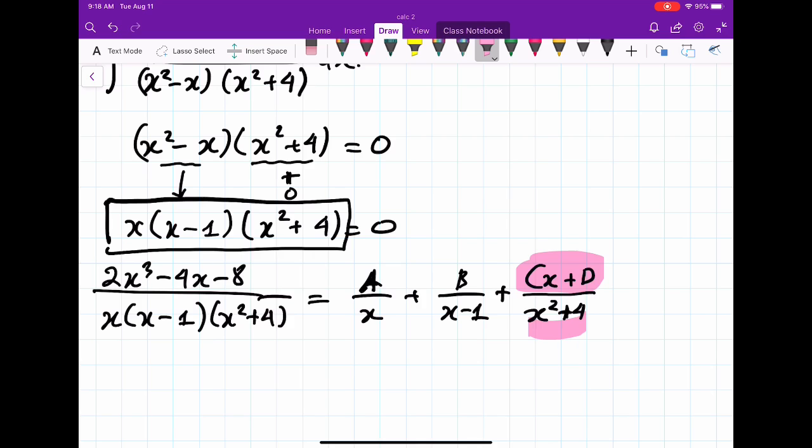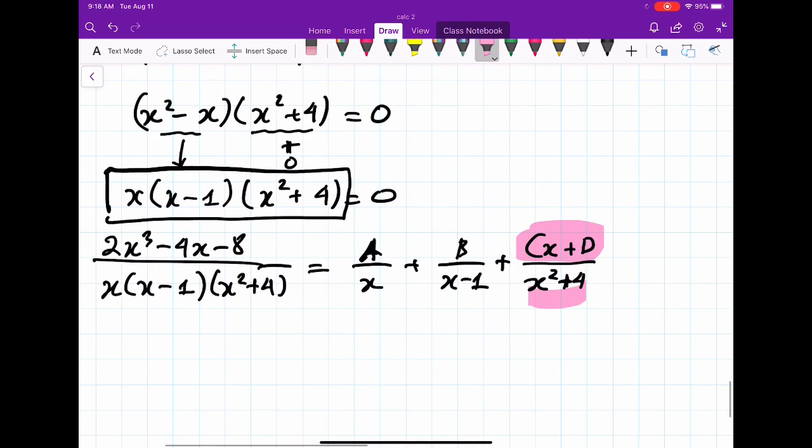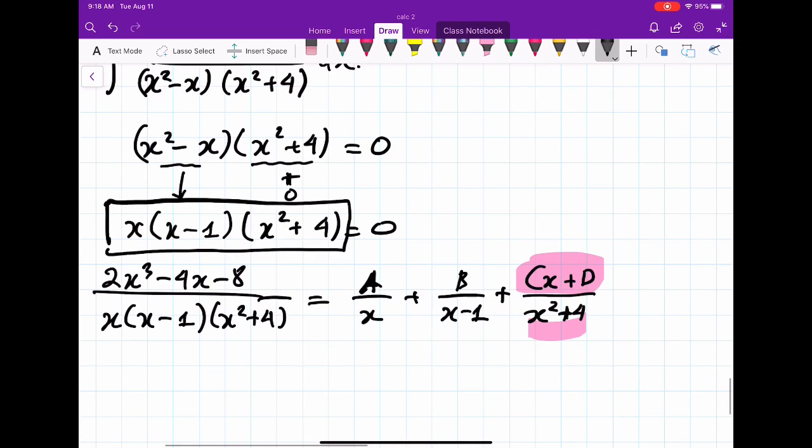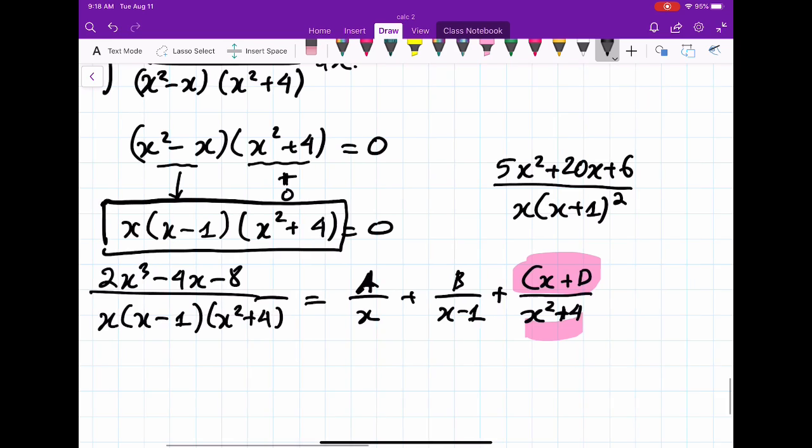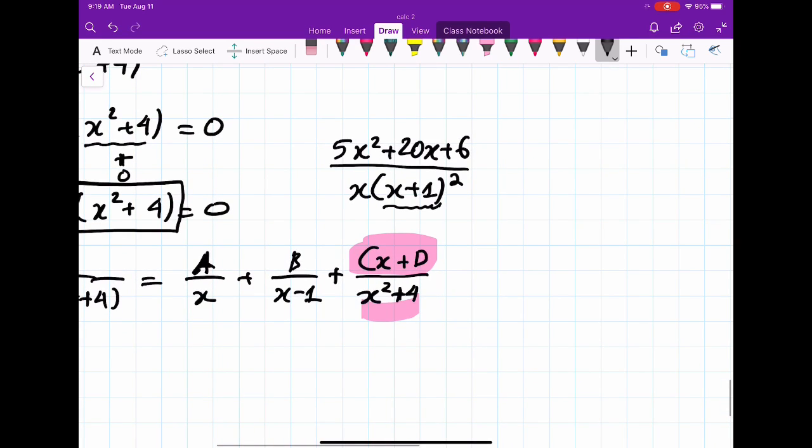Does that make sense? If you compare with the previous one, let me rewrite that in here, right? I think it was 5x squared plus 20x plus 6 over x and (x plus 1) squared. So, when you have this, you write a over x plus b over x plus 1 plus c over (x plus 1) squared.